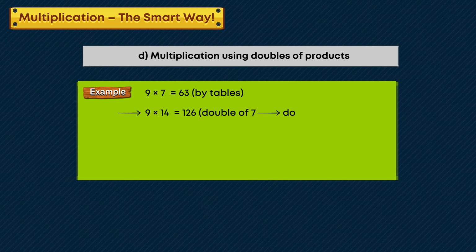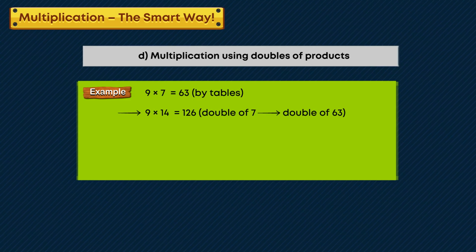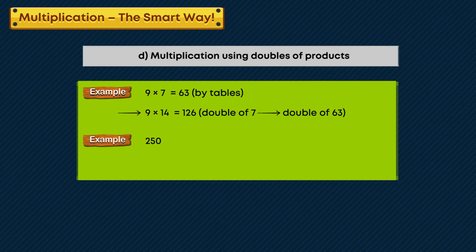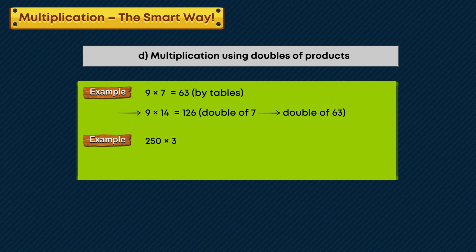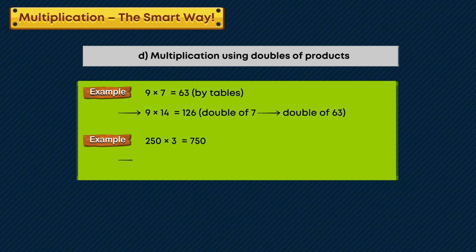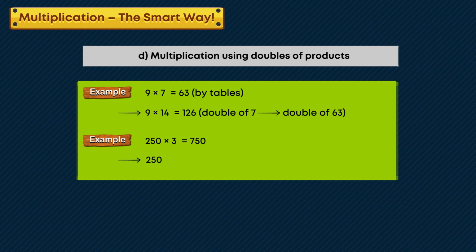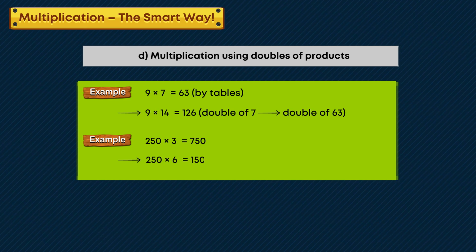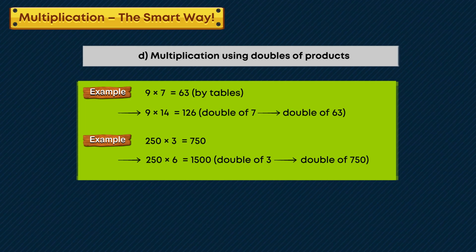Double of 7, double of 63. Example: 250 into 3 is equal to 750. 250 into 6 is equal to 1500. Double of 3, double of 750.